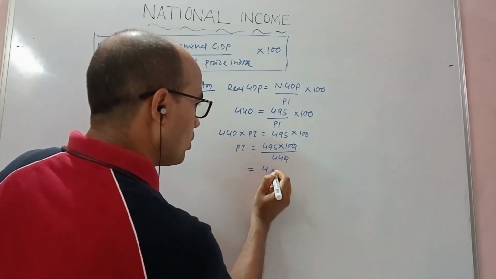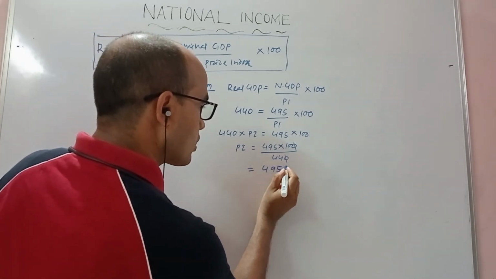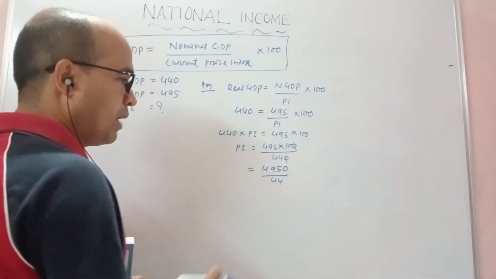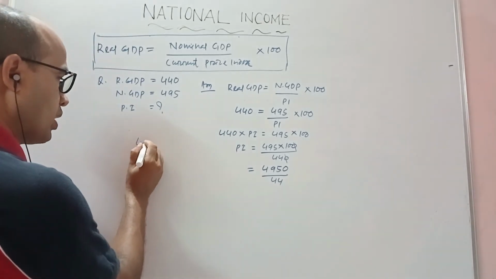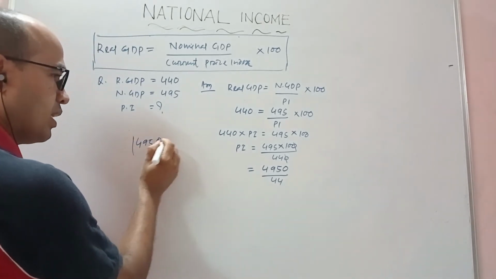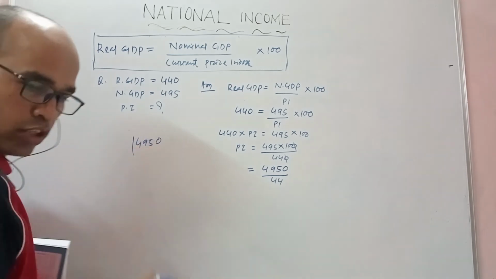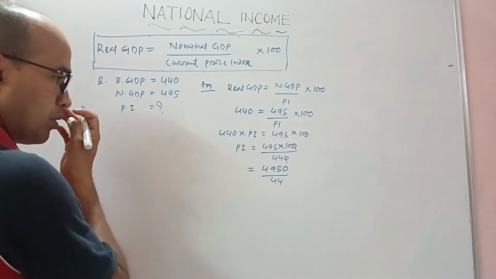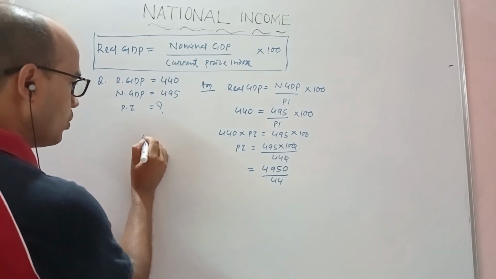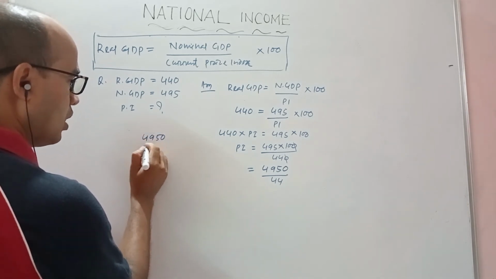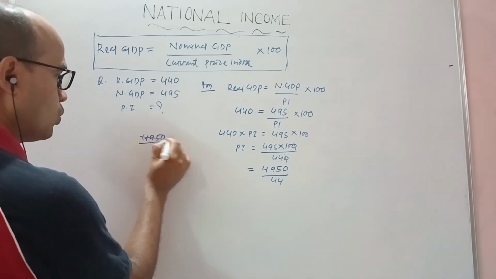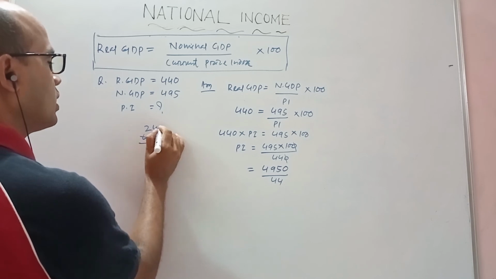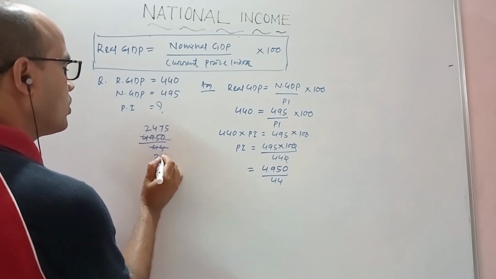Now 4950 by 44. Okay. If you divide this one, I will divide it for you people. 4950 divided by 44. Sorry, you can cut this one by 2 also, because it is possible to cut by 2. Then if you cut by 2, how much you are getting? 2475 by 22.